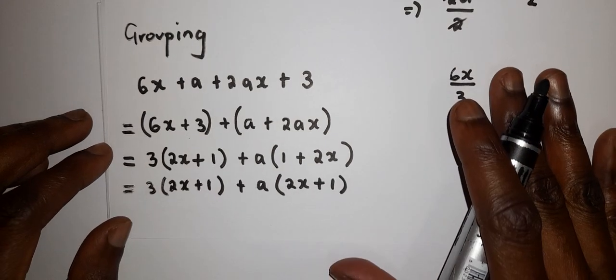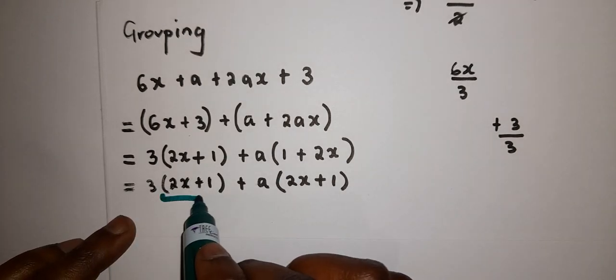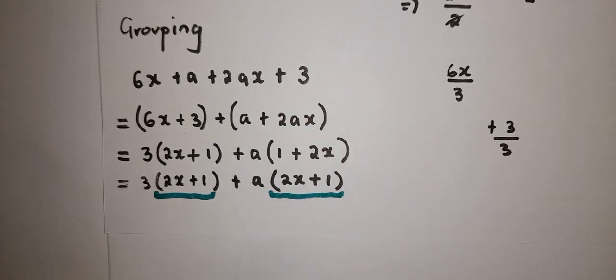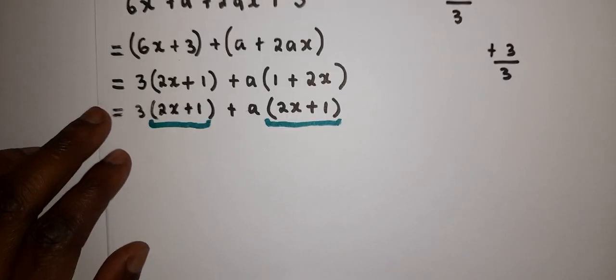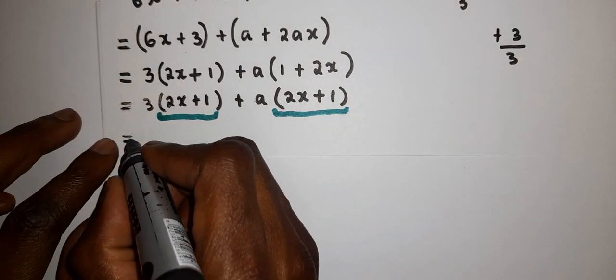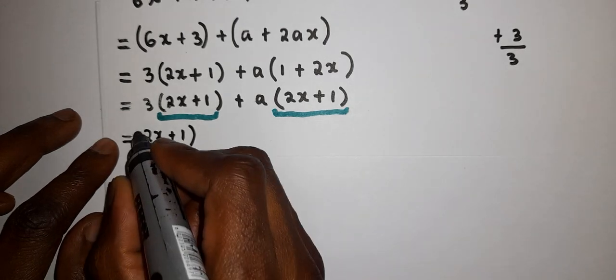Right, again, ladies and gentlemen, you will note that in these two brackets we still have a common factor of 2x plus 1. We can still take it out. Taking it out as a common factor, we'll have 2x plus 1 as a binomial.